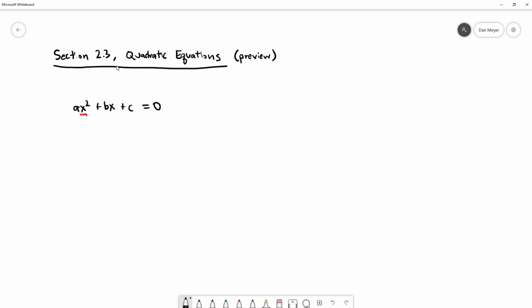And unlike linear equations where we were able to isolate x, for quadratic equations, isolating x usually doesn't work. Okay, we need other strategies.